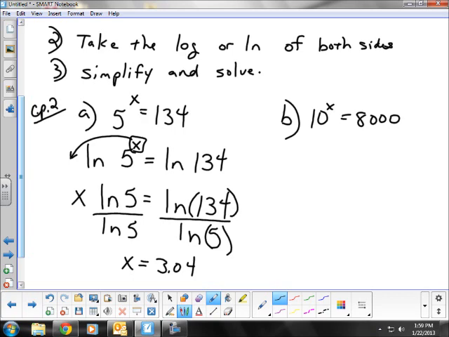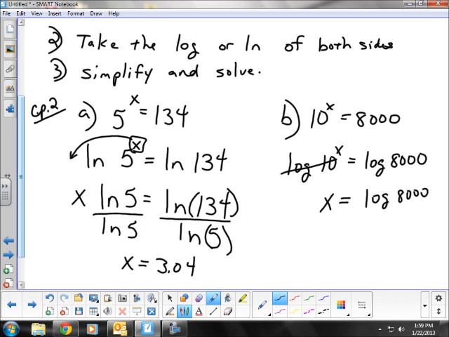Now, when you look at this, what is the base? So would I use the ln? Would I take the ln of both sides? That's crazy. I can take the log of both sides, because what's going to happen on this one? Log base 10 of 10 does what? It just cancels out and it becomes 1 times x, which is just x, whatever the log of 8,000 is.